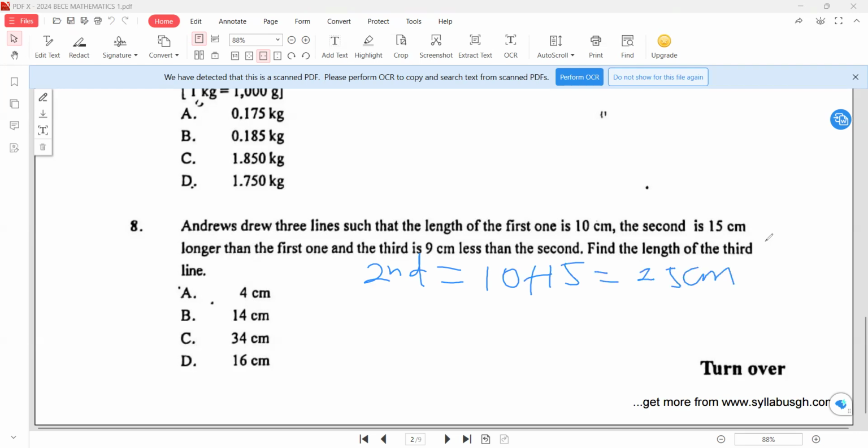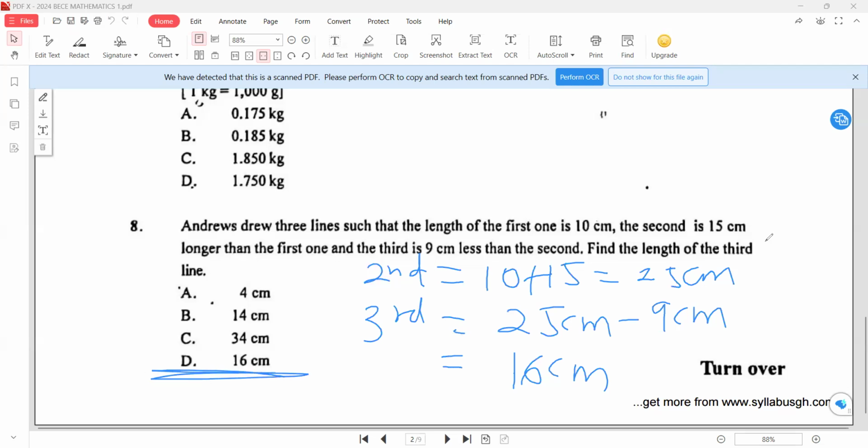And the third is 9 centimeters less than the second. So that should be 25 minus 9, and that's 16 cm for the third. Option C.